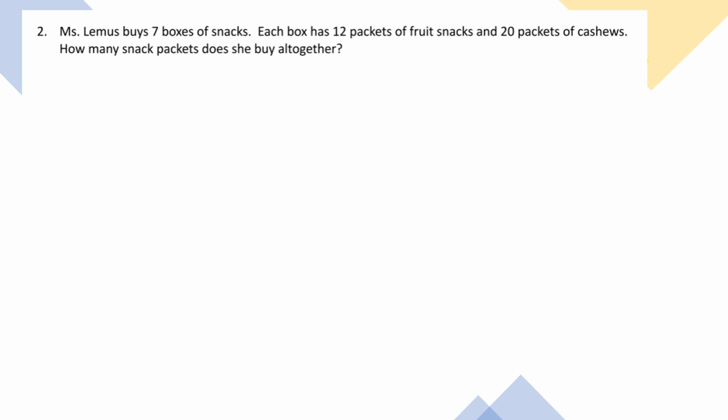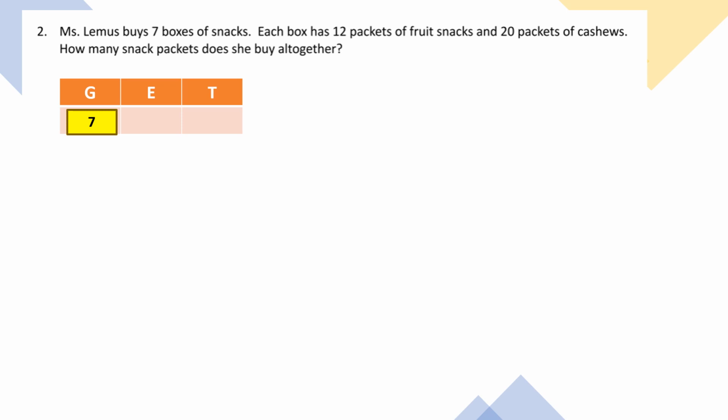I saw the word each, so that means that I'm going to need a get chart. Okay, 7 boxes. The 7 would go in my groups. Now the each is weird here because I have 2 numbers for each. That's okay. That means I can combine those numbers.